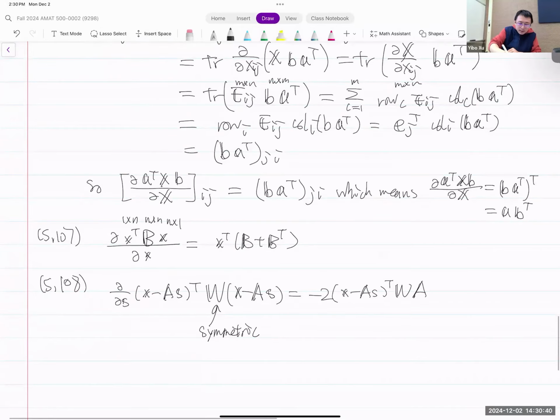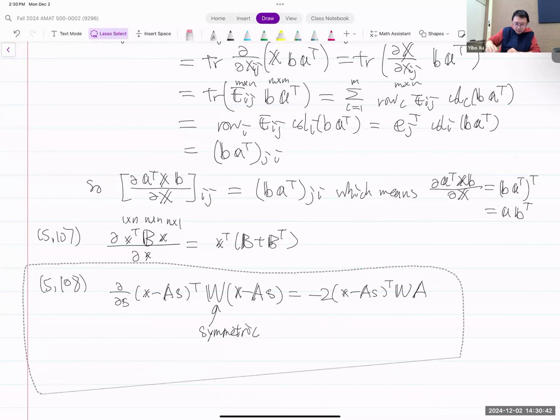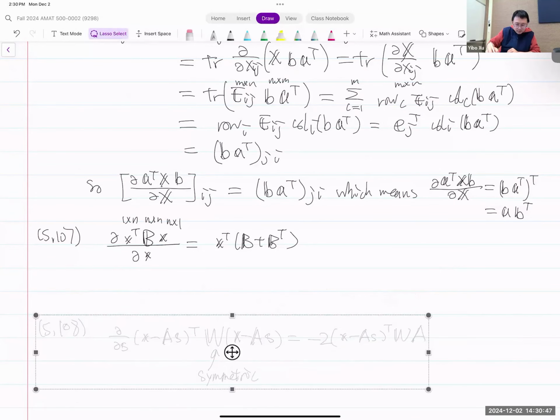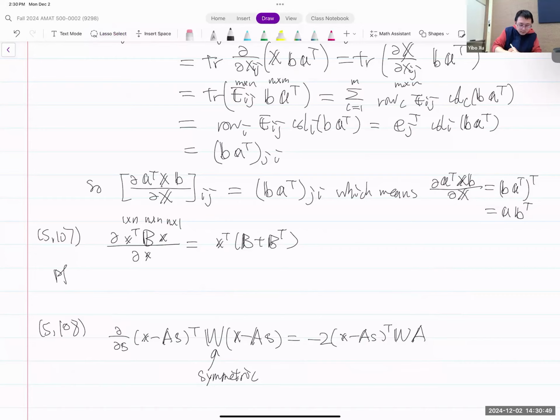Yeah, so let's quickly do 107 and be done for today's class. So here is a vector, right? So x is a vector. So we eventually want to get a vector. So del of x transpose bx, doing the partial with respect to, let's say, xi. So this equals to, so here is a product, right? We have x transpose bx.